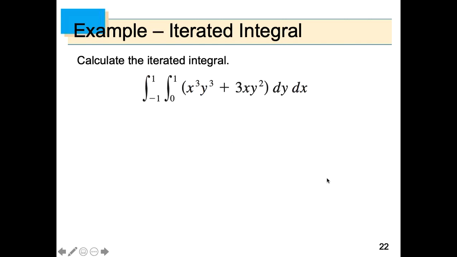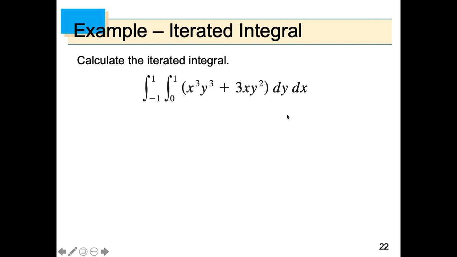So I'm going to go ahead and do an example here. Notice in this particular problem that we want to work from the inside out, right? So what that means is, I have a dy here, yes? Because I have a dy here, that means that this 0 to 1 are my y values because they are closer. These are the inside values.